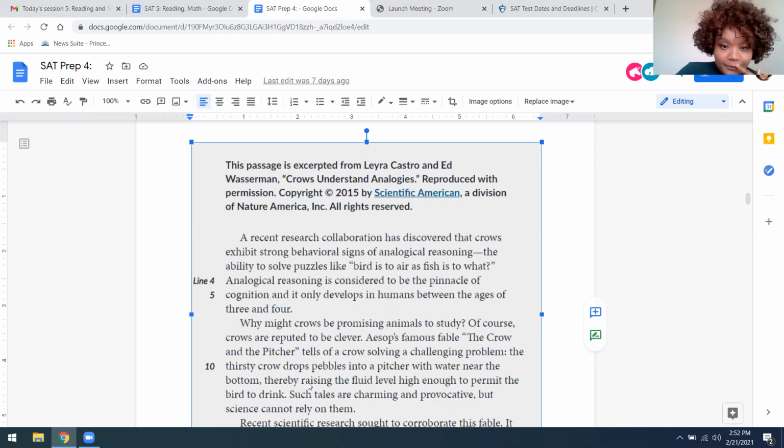If anyone cannot open the Google Doc, please let me know. I'm going to go ahead and start the clock. We're going to come back at around 2:58.